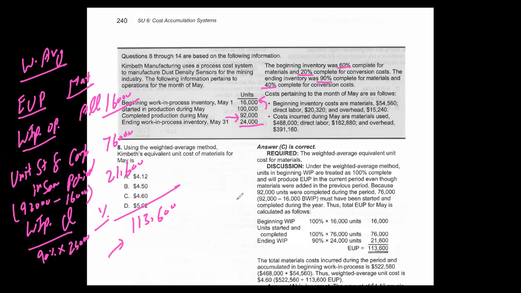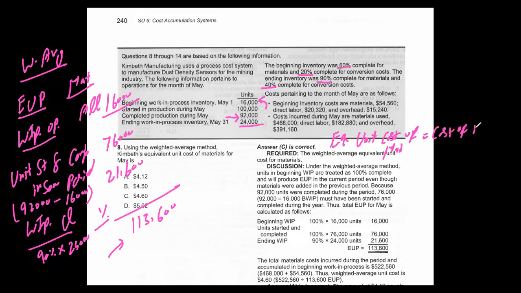After that, we just have one more formula and we can easily calculate equivalent unit cost of materials. So how to get it? Equivalent unit cost of materials. We have to add up two costs here.